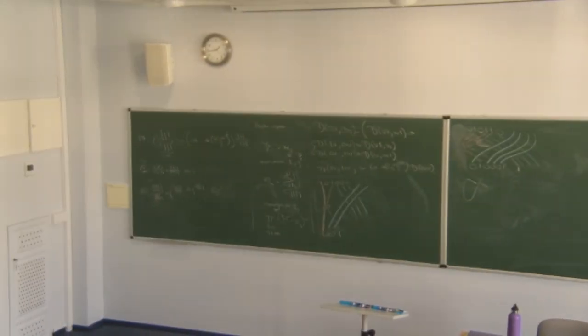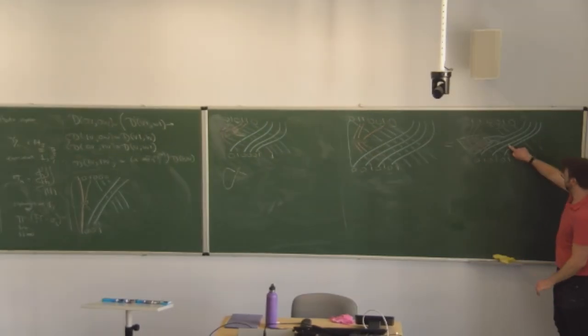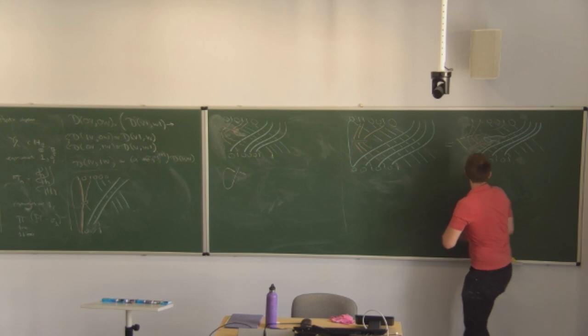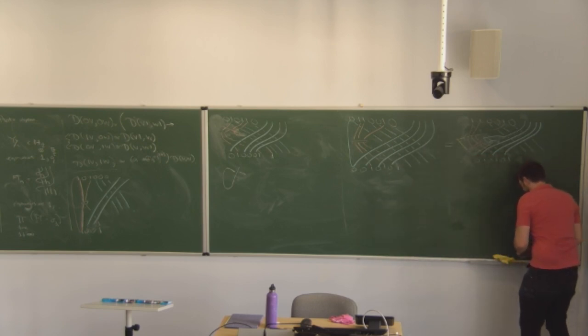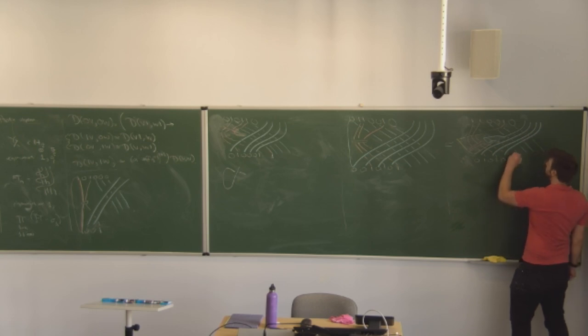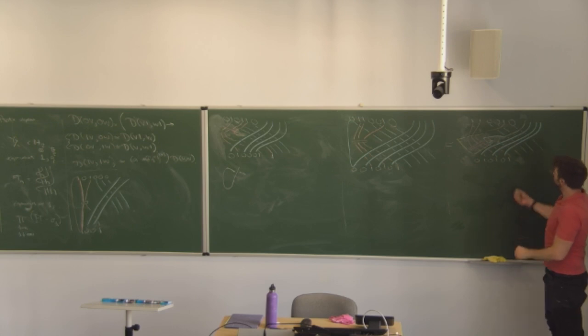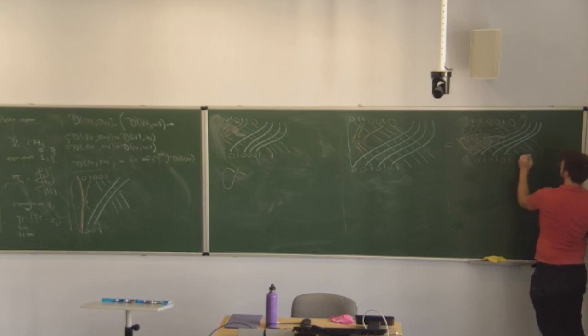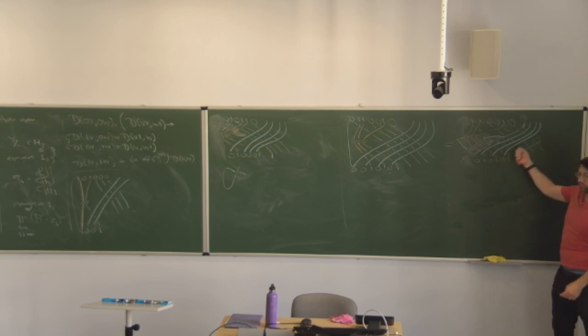Sorry, this is a mess. I'm just going to modify this picture. So what we're going to do is this strand right here, I'll color it orange. So this strand right here, up to isotopy, we can draw it on the other side. So I'm dragging it via an isotopy.